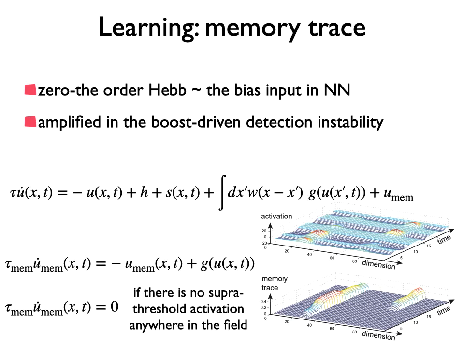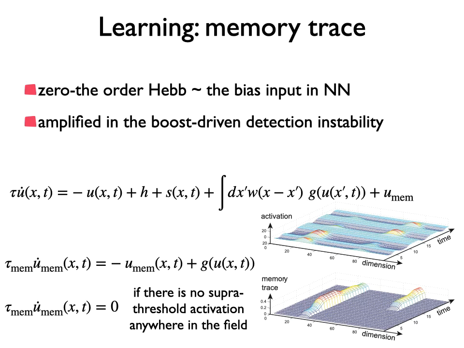So here's the field dynamics, and the memory trace would be just an excitatory input into that trace, essentially increasing the resting level. I forgot to put the X here. It depends on where in the field. It's local, and so it's like a local modification of the resting level.